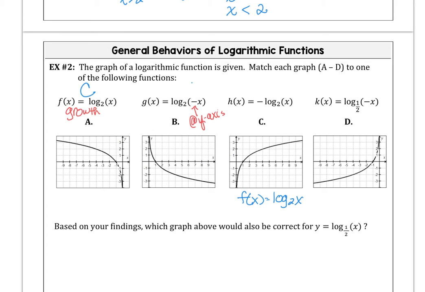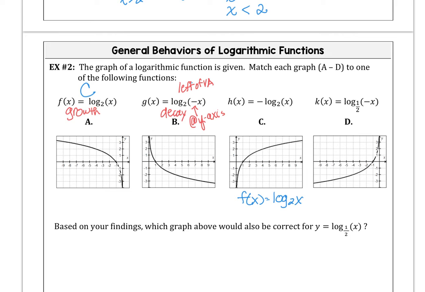That's going to make our graph a decay graph. And we also know, since it's reflecting over y, our graph itself will be on the left side of the vertical asymptote.